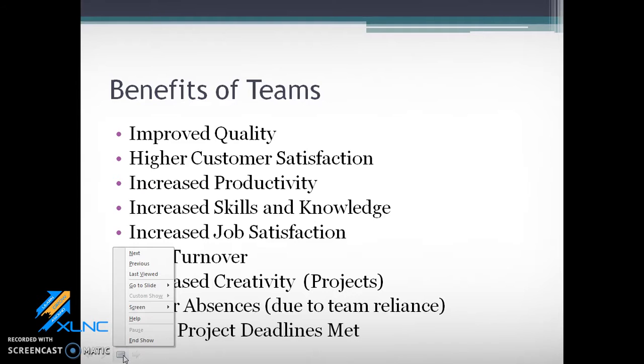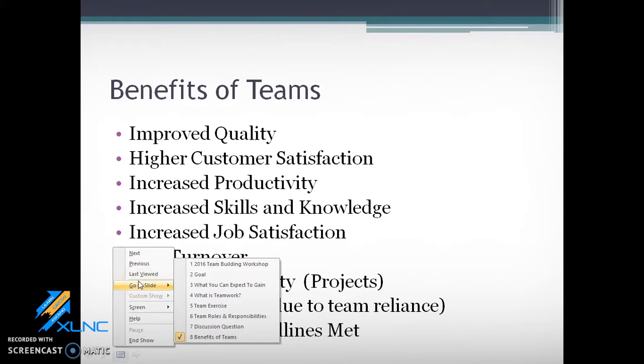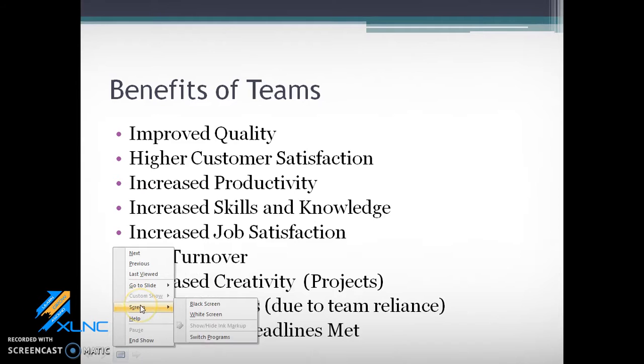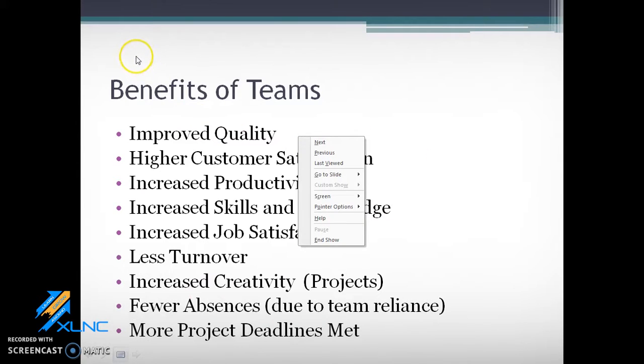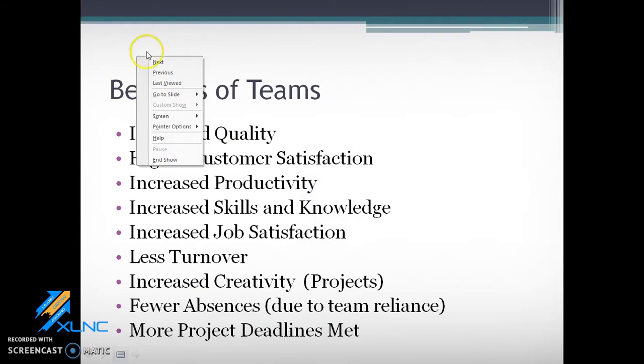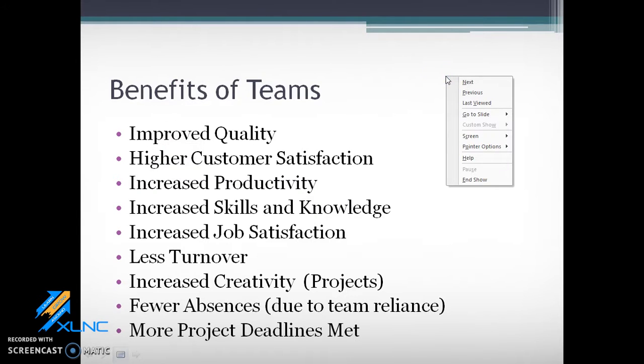From the menu, you can move to the next or previous slide, jump to a specific slide, or change your screen options, or end the show. If you right-click anywhere in the presentation, a similar menu will appear that provides many of the same options.